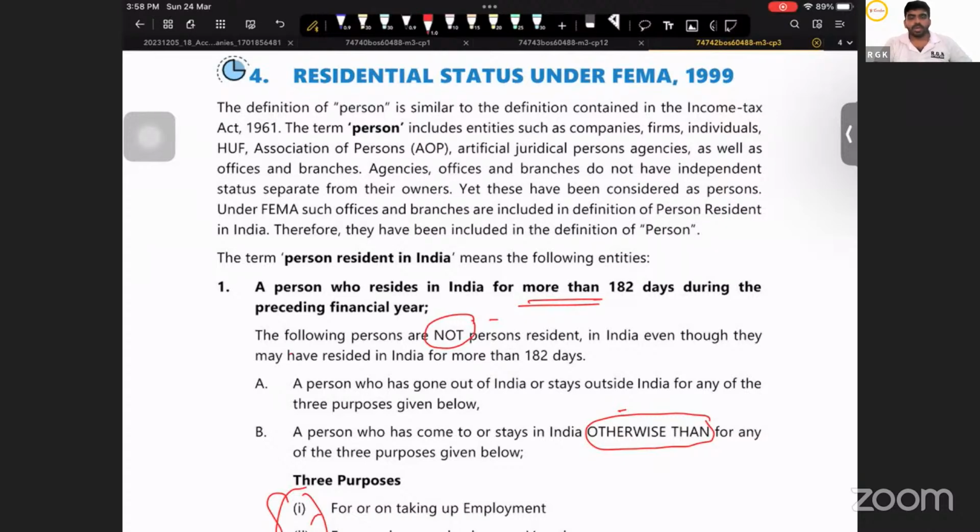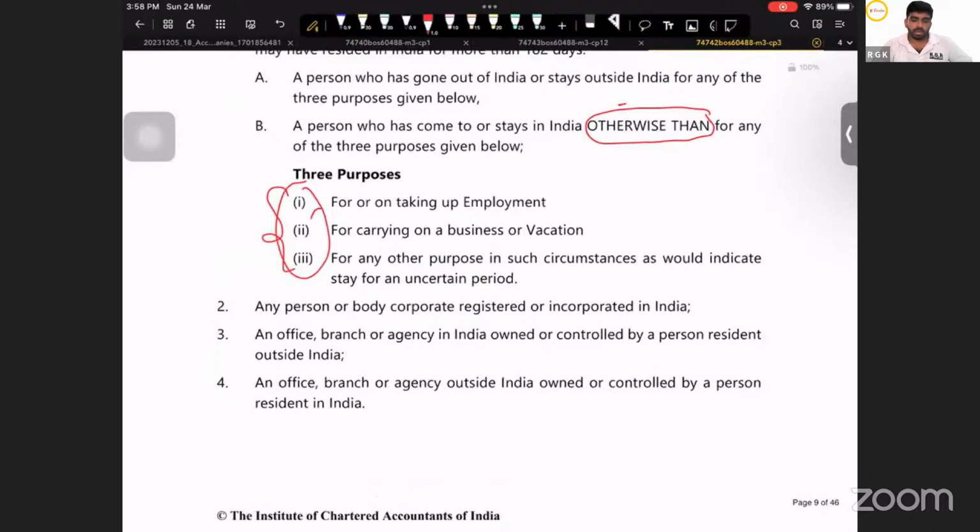Yes. So coming to the next part, we are seeing the person resident in India definition. Now what we have to say is any person or body corporate registered or incorporated in India is called person resident in India. Next one is an office, branch, or agency in India owned or controlled by person resident outside India.